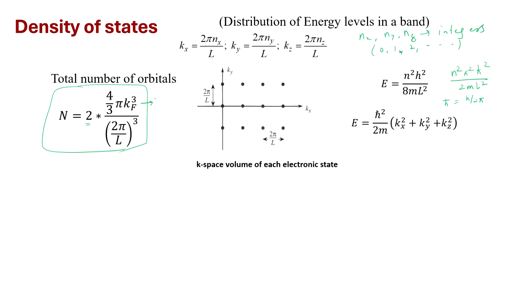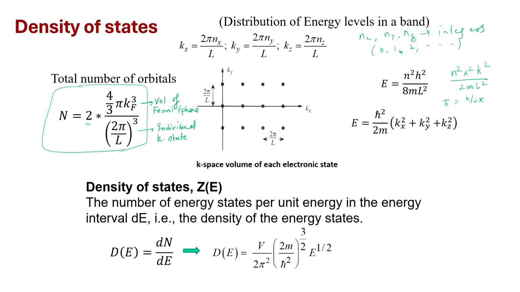Okay. So, this is volume of Fermi sphere, and this is volume of individual k state. Okay. This gives me total number of states below Fermi level at 0 Kelvin. Okay.